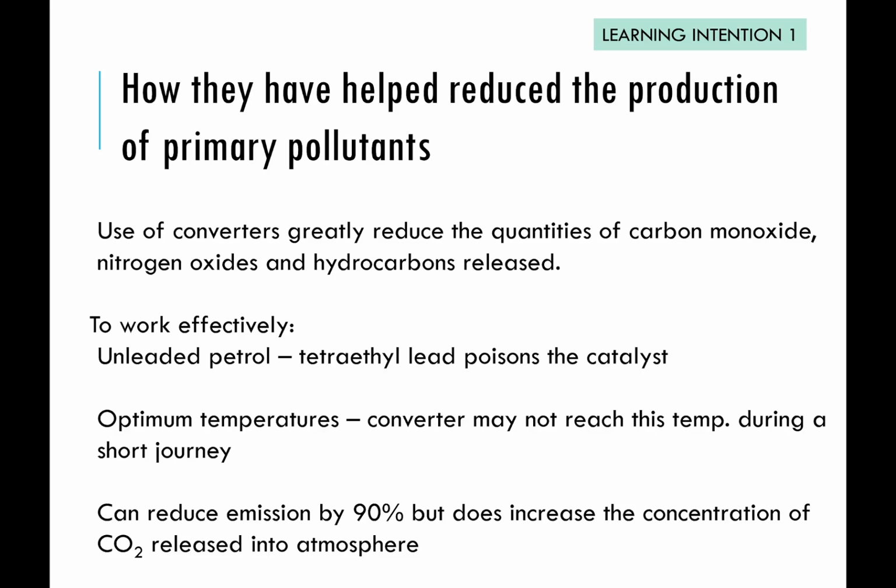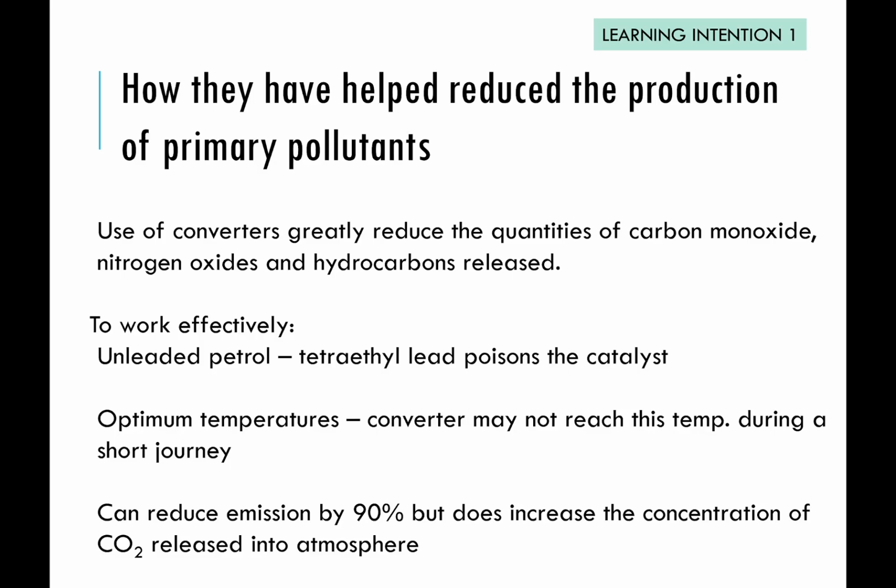So it reduces emissions by 90%, but it does increase the concentration of carbon dioxide, because we know water, carbon dioxide and diatomic nitrogen are the products. So even though we're not getting carbon monoxide, nitric oxides and some of these unburnt hydrocarbons, we're still increasing the proportion of carbon dioxide released and emitted into our atmosphere.